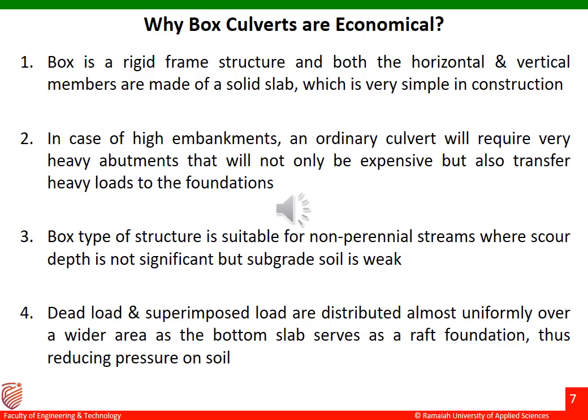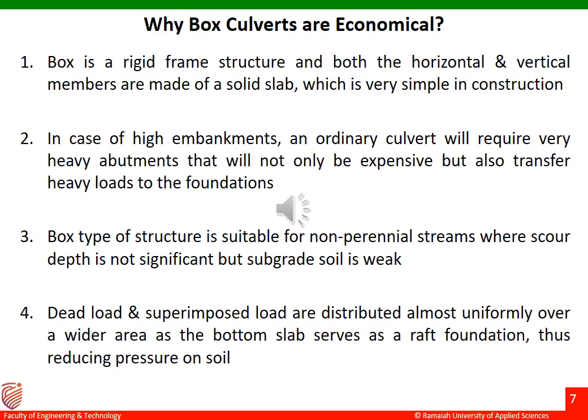Then coming to the fourth point, dead load and superimposed load are distributed almost uniformly over the wider area as the bottom slab serves as a raft foundation, thus reducing the pressure on the soil. Whatever explanation I have given for the previous point, the same thing applies here.